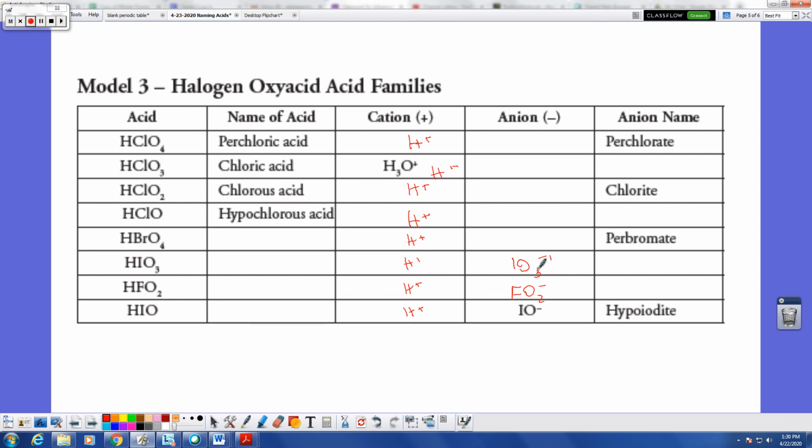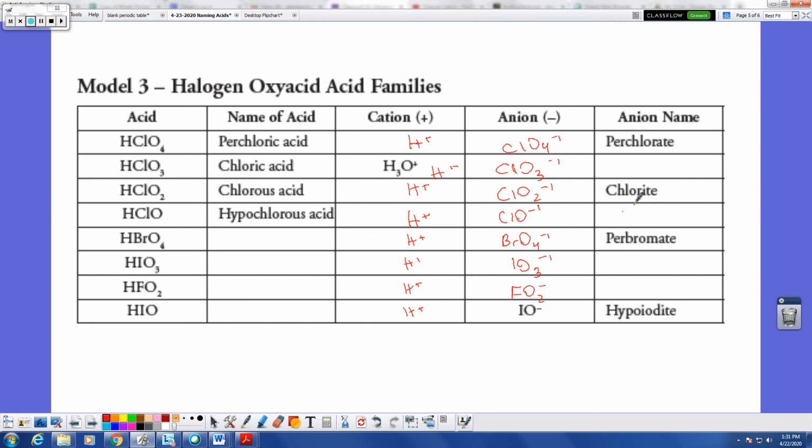IO3 minus 1. BrO4 minus 1. ClO minus 1. ClO2 minus 1. ClO3 minus 1. ClO4 minus 1.